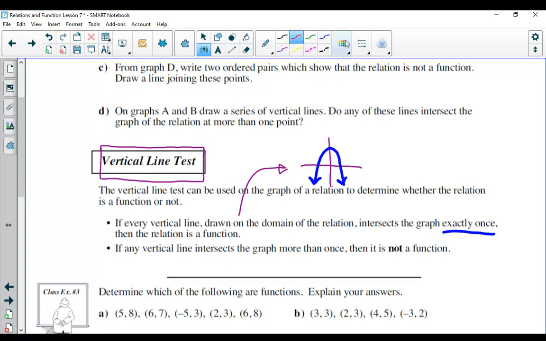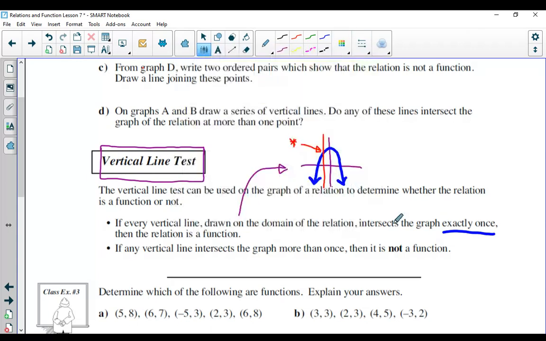So for example, let's say I drew a vertical line just going straight up like this. It intersects the graph one time at that location. So this one is a function. It doesn't matter where you draw the vertical line, it'll only intersect the graph a single time, in which case it's a function.